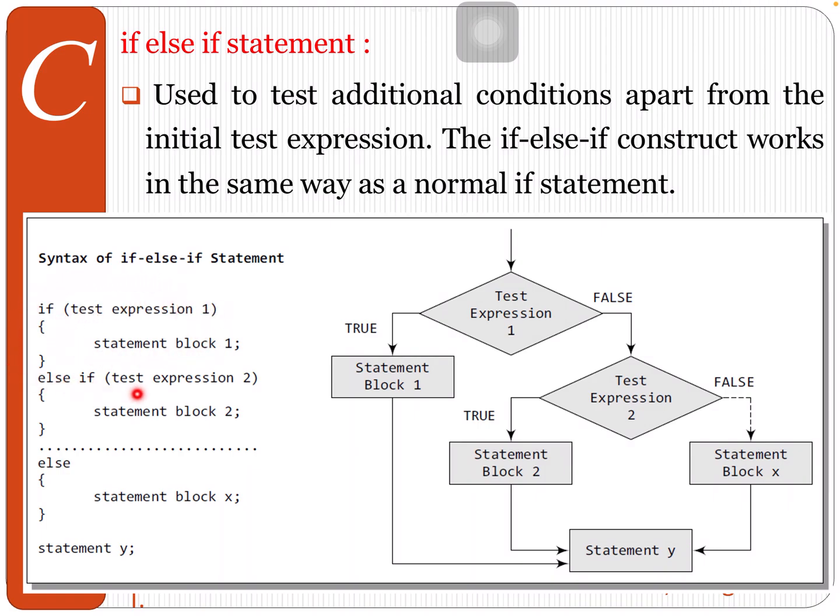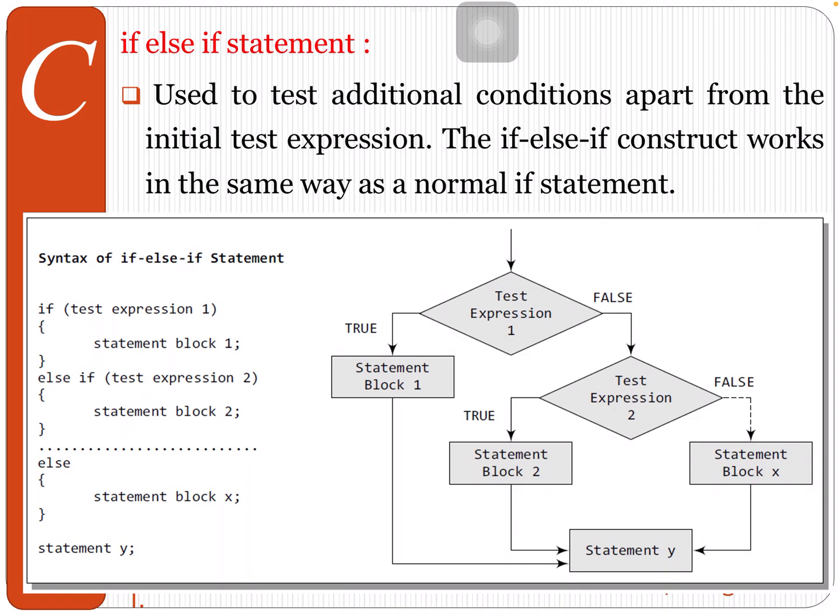Otherwise it goes to the last else and executes statement block X, and then comes out of the block and executes statement Y. This is how the if else if statement works.